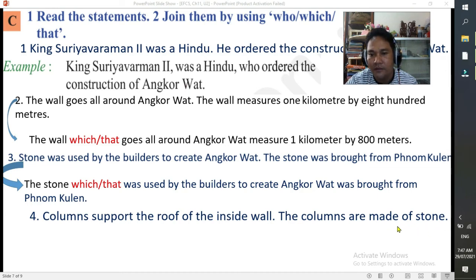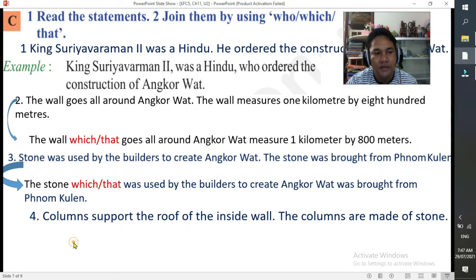So they talk about the columns, right? The columns, not the people.